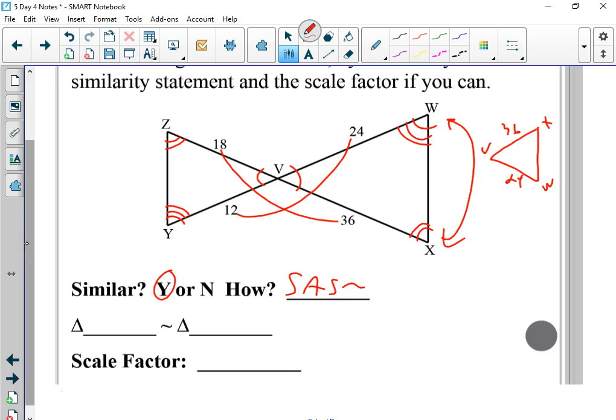So, I'm going to start at V on both of them. I'm going to go towards Z, which means I'm going to go towards X here, and finish up with Y, finish up with W. And what's the scale factor? 1 to 2 or 2 to 1. The beauty of the picture.